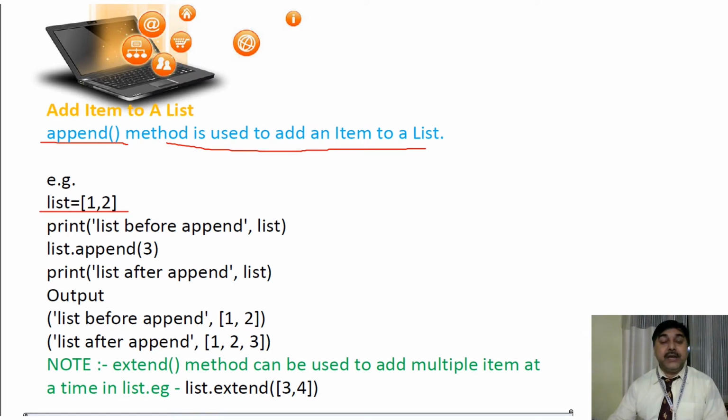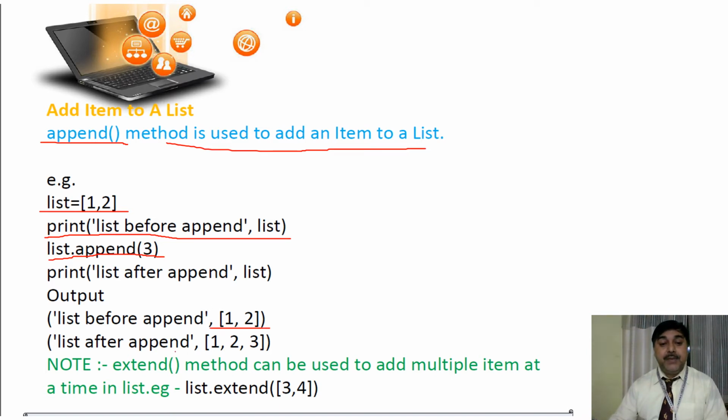After taking the list here, I have taken the list before appending. That means before I add some value, I have taken the list. And after that I append. What do I append? List dot append. I have called the append function. What to append? 3. So after appending, what will be the value? See here, before appending it shows 1 and 2.